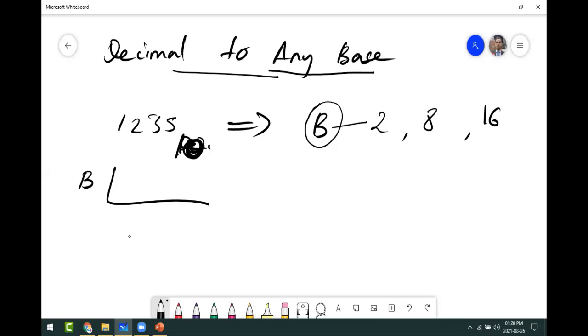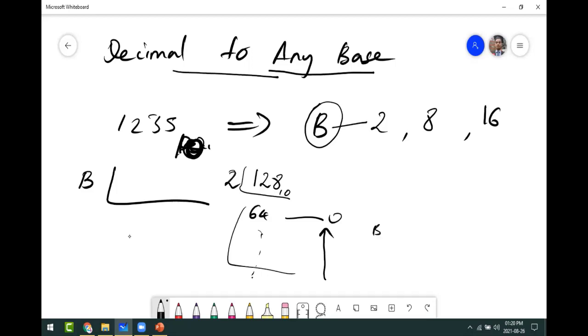For example, if you want to convert 128 by base 2, how do we do that? Base 10. So we have to divide that by base. Right, it will be 64, it will get 0 and it will keep on going, right? So then from bottom to top we will take it, so this will be the binary number.